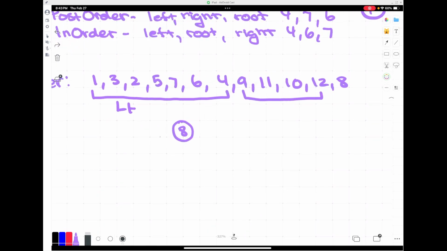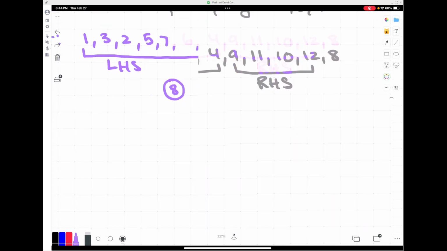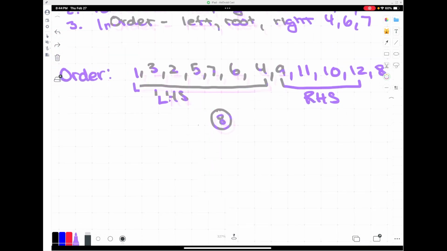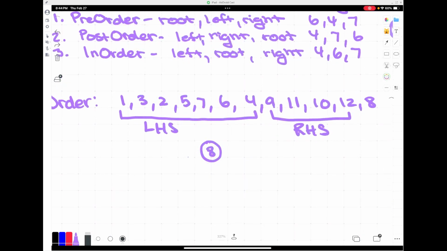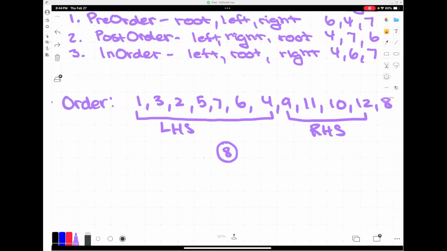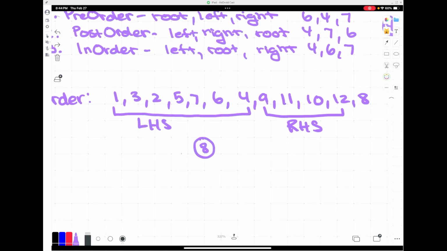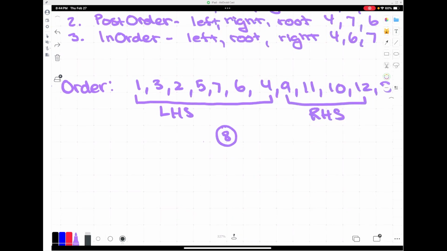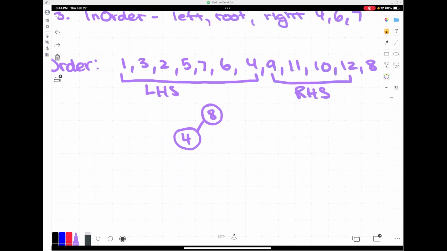So this is going to be our left hand side, which is the left, and this is going to be our right hand side, which is our right. And so now we do this again. We apply the same concepts. Left, right, root. So at the very end of our left hand side list, we have a 4, and that is going to be our parent node here.